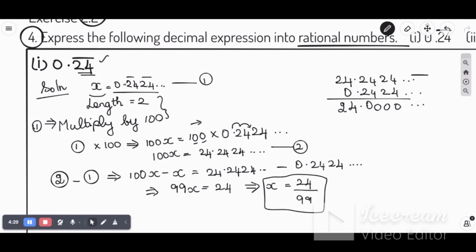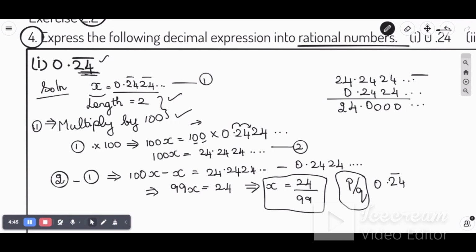What is your x here? X we took as the recurring 0.24 from your question. So this is the rational expression, the p by q expression of our 0.24 recurring. So this is the answer. Hope you understood this. You have two steps: find the length first, multiply by that number, and subtract both the equations. Hope you understood this question.